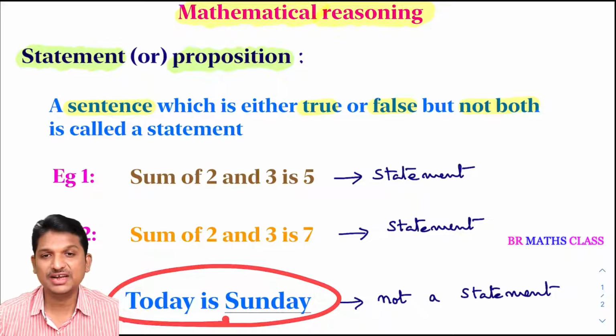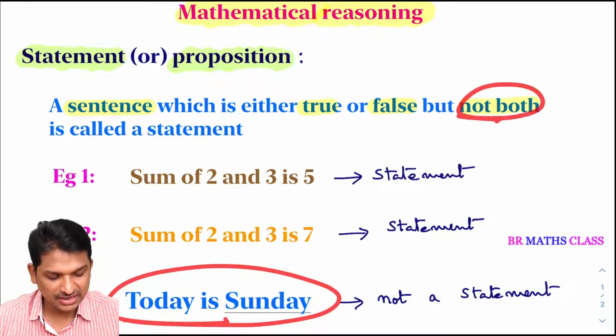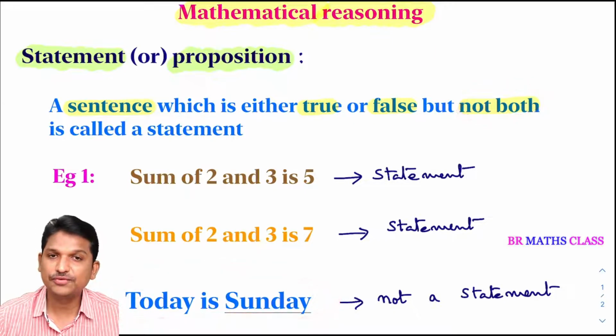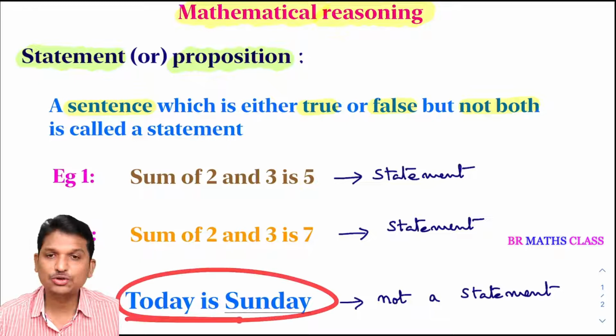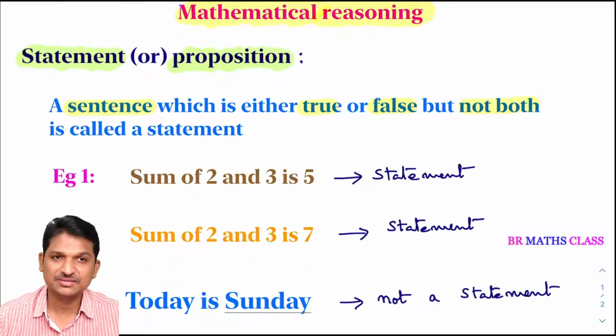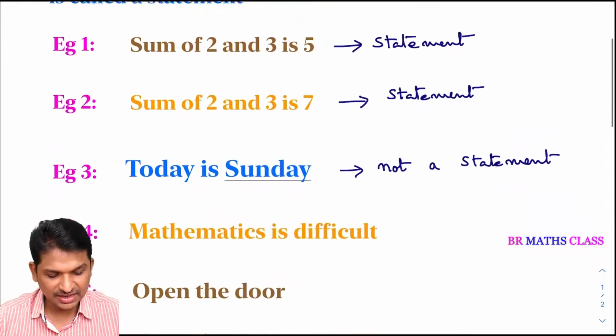Today is Sunday is not a statement because it is not true or false but not both; actually both are happening. It is true for one day and on the remaining days it is false. That's why today is Sunday, today is Monday, today is Friday, all those are not statements. Good. Now see the next one.